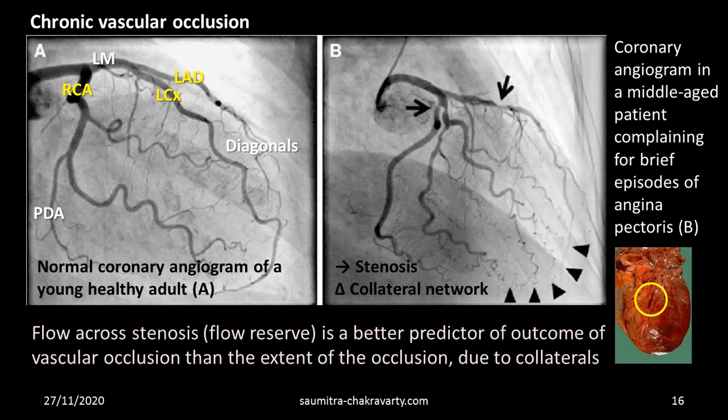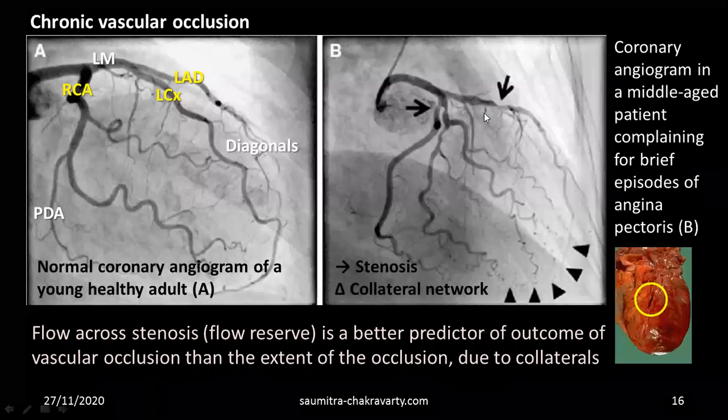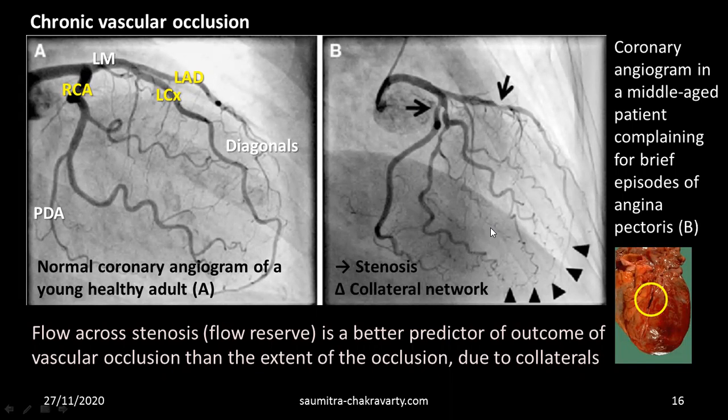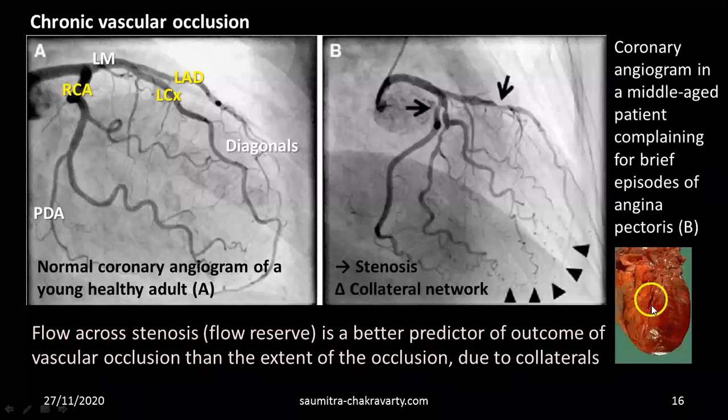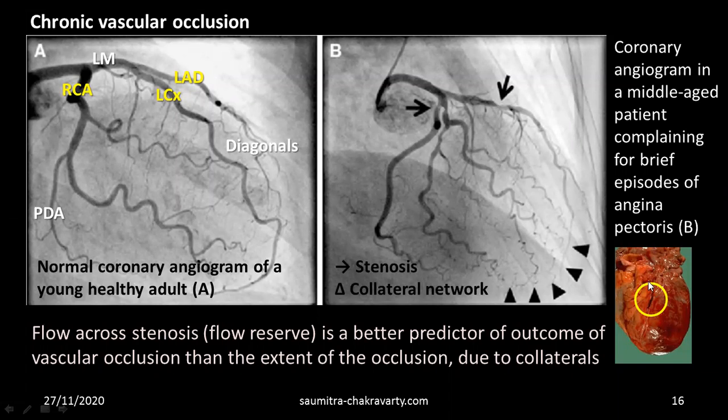And here is a person who unfortunately died, and this was his or her heart. Can you see there is something here within the yellow circle?